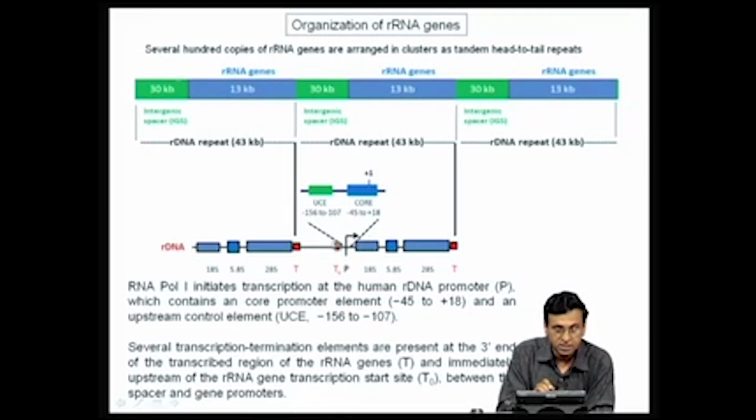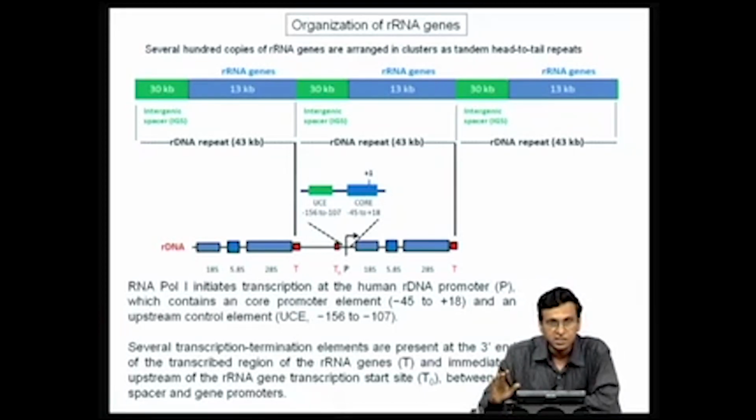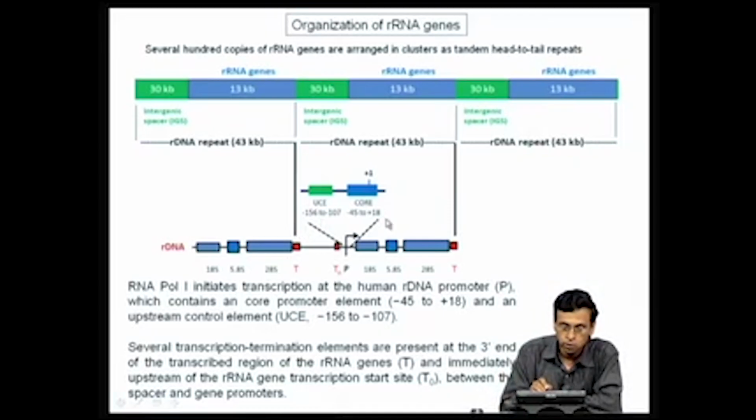Flanking the transcription start site you have the promoter, which extends both downstream in the transcribed region as well as upstream of the transcription start site, usually from -156 to +18. So, the rDNA promoter extends from about -156 to +18, and this is a key regulatory region for ribosomal DNA transcription.